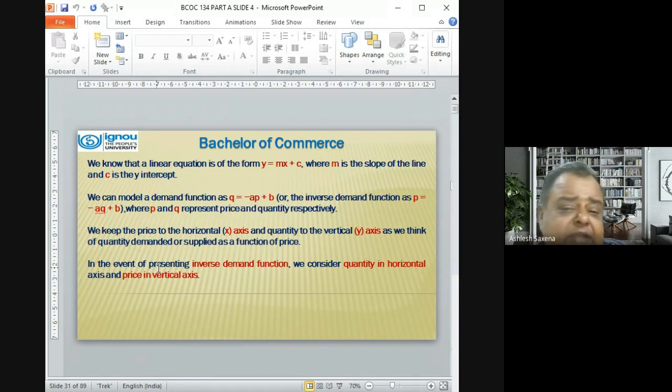We keep the price on the horizontal axis, x-axis, and the quantity on the vertical axis, that means y-axis. In presenting the inverse demand function, we consider quantity on the horizontal axis and price on the vertical axis.